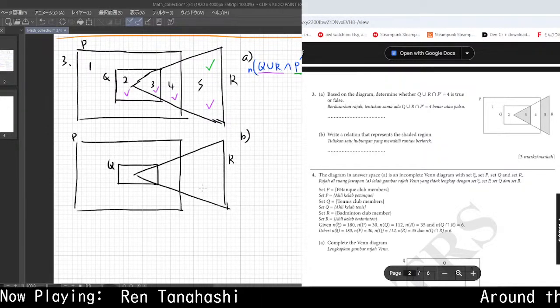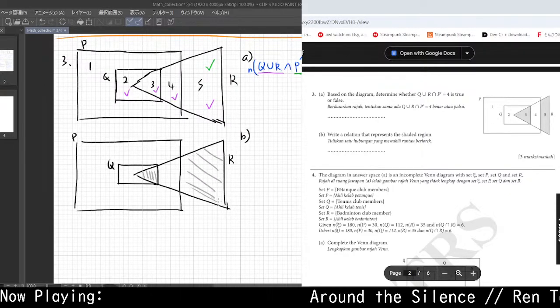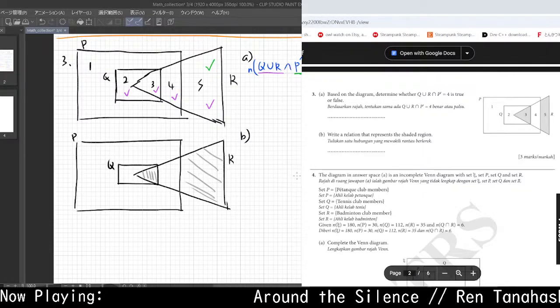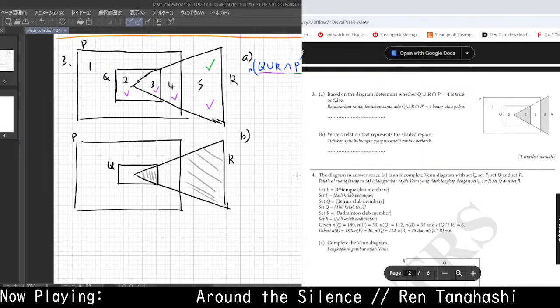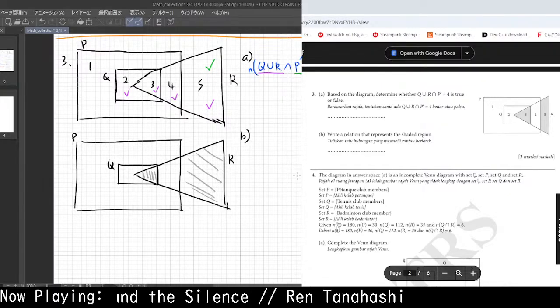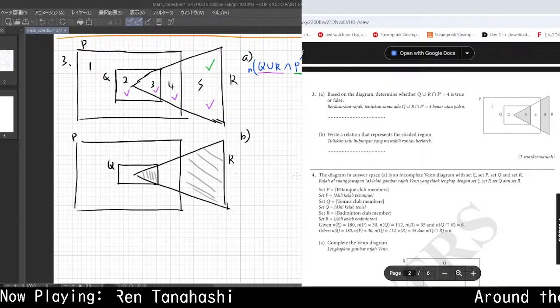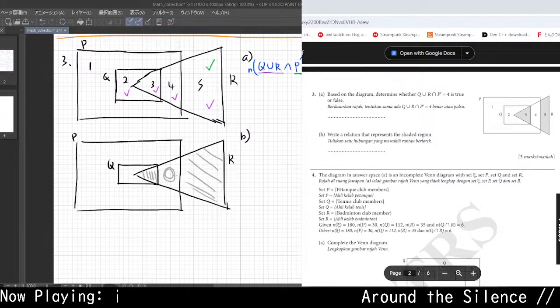So you want to find a way to represent the shaded region. I'll shade it in gray over here like this. Okay, so how do you talk about this? This is definitely R. These two regions are both in R, so we definitely need R over here. But it seems that we need to exclude the portions in P. We need to exclude the center section, which happens to be in P.